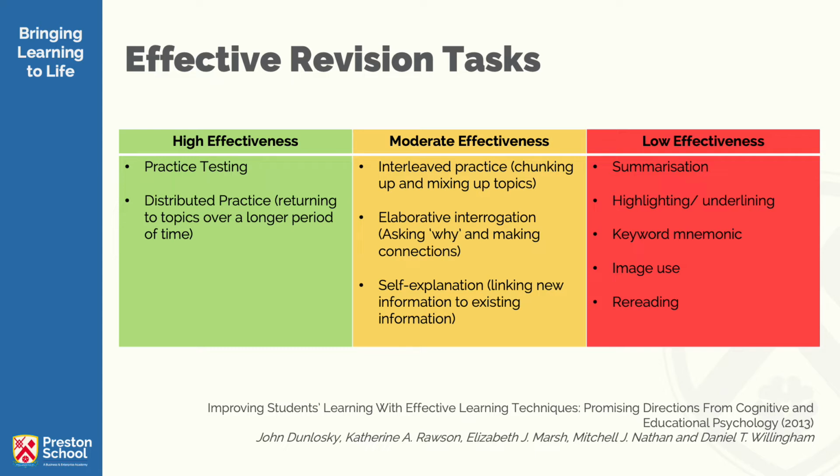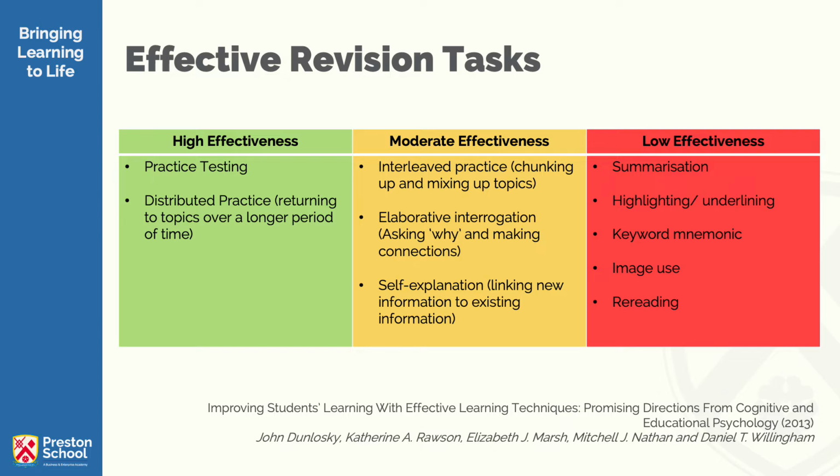And we can see in the low effectiveness column, we've got some of the more stereotypical revision activities. Rereading, highlighting, underlining keywords, maybe writing a little summary. All of those are found to be quite low in terms of the impact that they have on students actually remembering content in the long term.